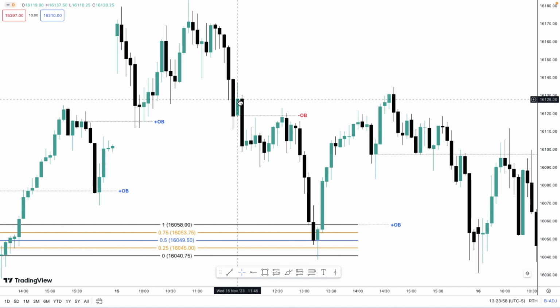Now, what that means is that when price trades below the opening price of this candle, the opening price of this candle becomes a change in the state of delivery. So the opening price of this candle becomes a bearish order block. So what I just did right now is that I told you what an order block is.